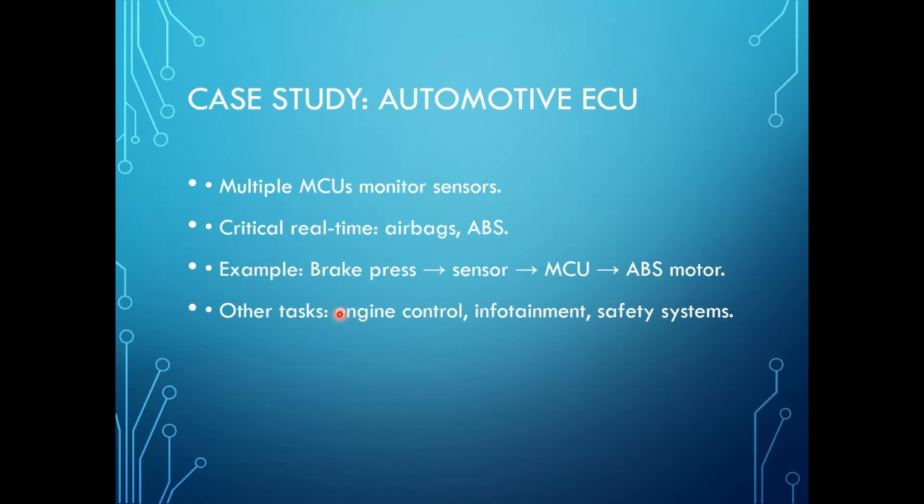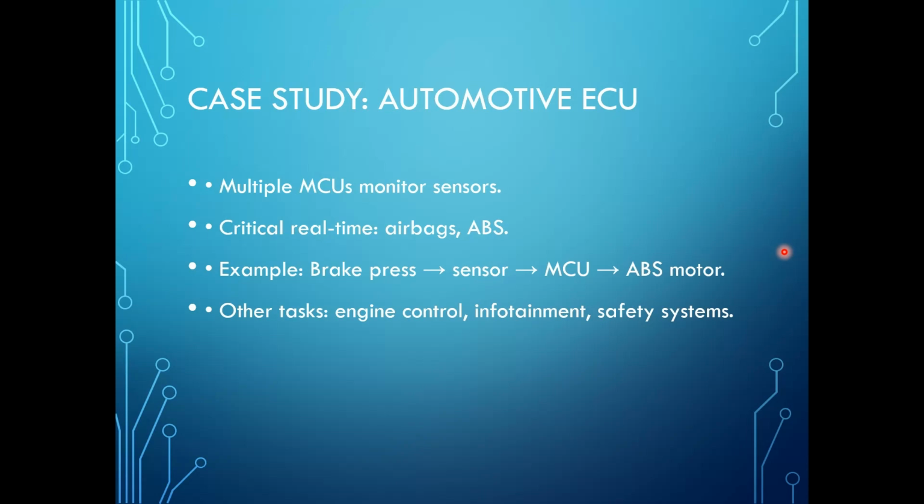Automotive is one more case study. In cars, the microcontroller handles safety-critical systems, right? Just now we talked about the crash-related thing, how it happens. Nowadays it handles engine controls, ABS, airbags, infotainment, everything. For example, if you are pressing the brake, the sensor will activate and send a signal to the MCU controller, and the ABS motor will act according to that.